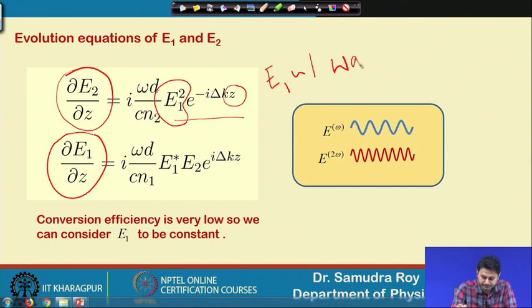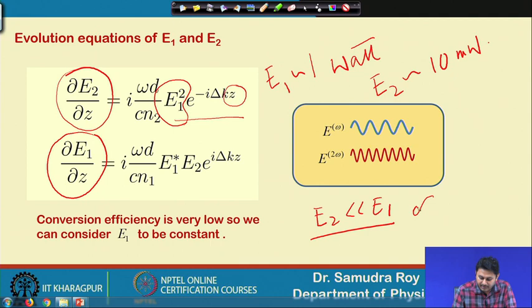If the amount of second harmonic we generate is of the order of, say, 10 milliwatt, then E2 is very much less than E1, and the efficiency eta is proportional to mod E2 square divided by E1 square, which is essentially the ratio of the power.